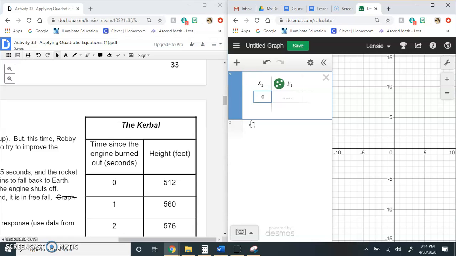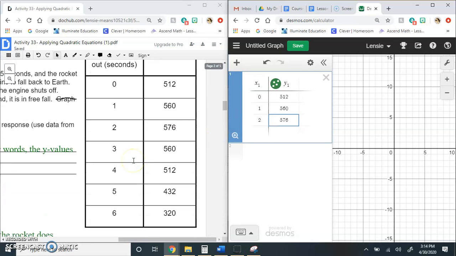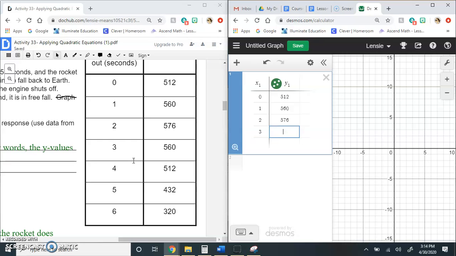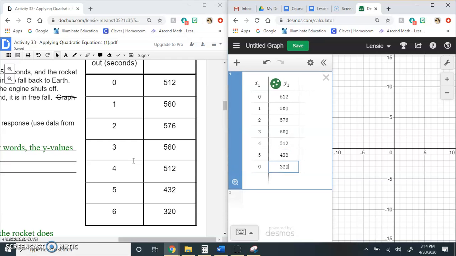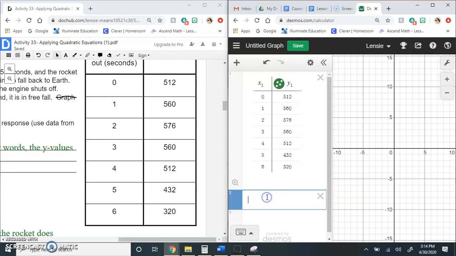I'm going to put 0, and then I can tab into the next cell, and I can keep doing that. 76, 3 and 560, 4 and 512, 5 and 432, 6 and 320. Okay.